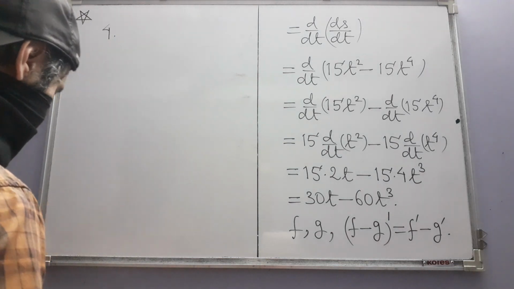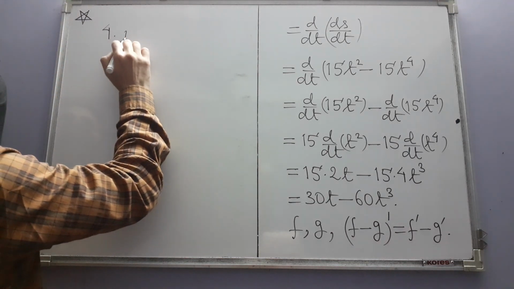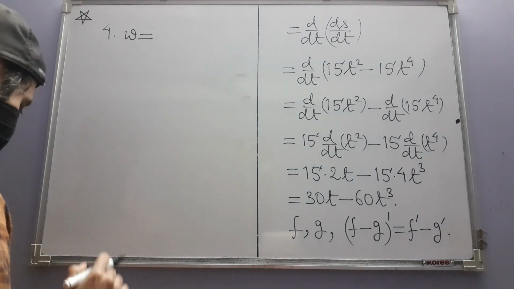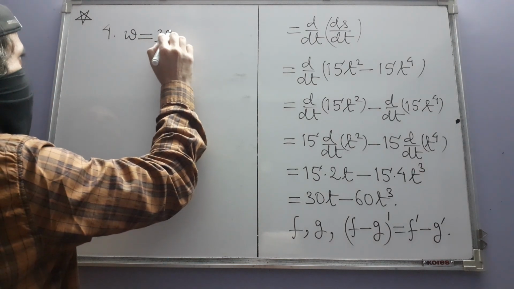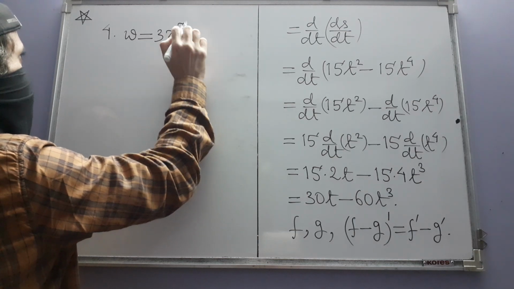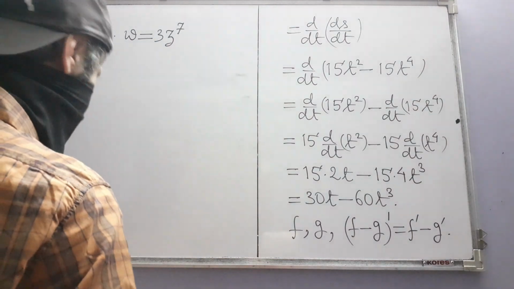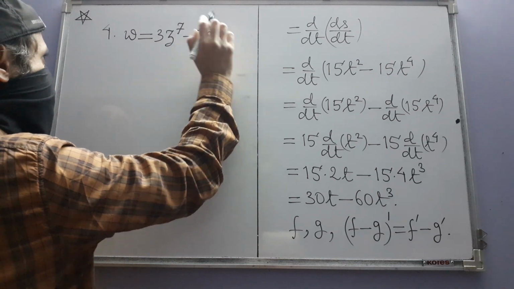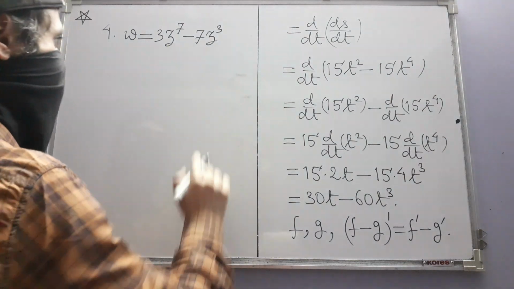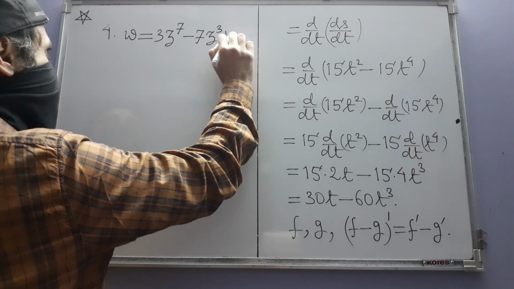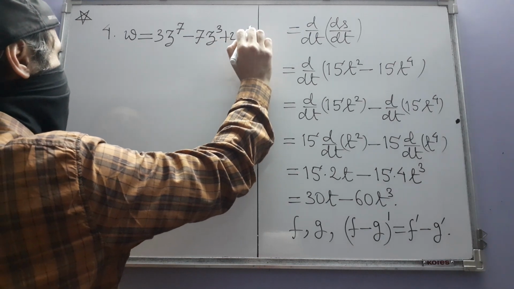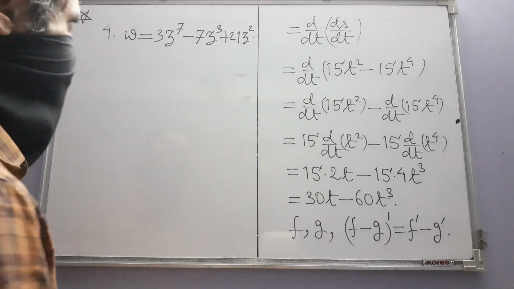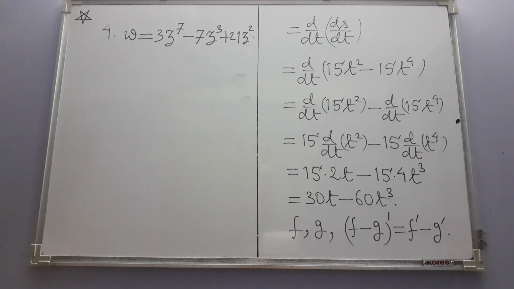Next, the fourth one. Here again, some other variable name. 3z to the power 7 minus 7z cube plus 21z square. Some people will call this letter z, you call it whatever you want.